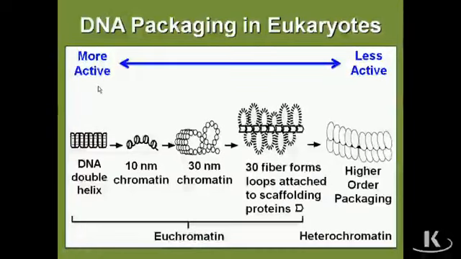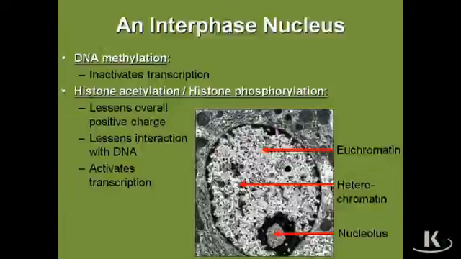So if you're just visualizing DNA at the double helix or even the 10 nanometer particle form, maybe even the 30 nanometer particle form, this is going to be more transcriptionally active. Whereas if you look at a DNA that's very tightly packed, i.e. heterochromatin, it's going to be less transcriptionally active.